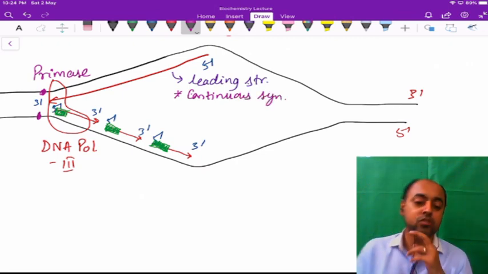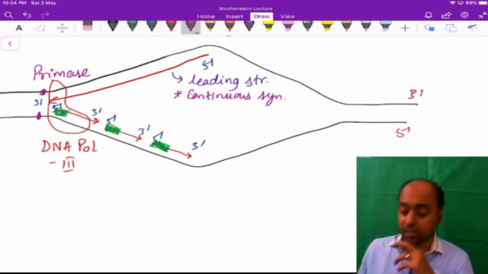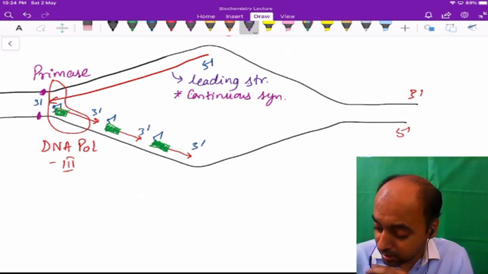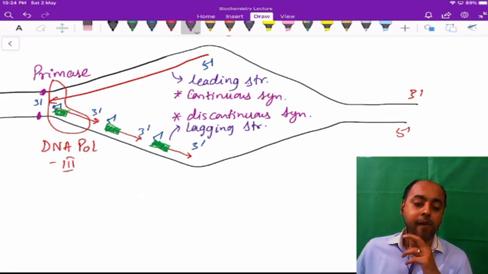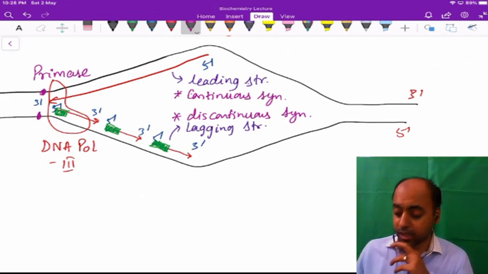A continuous strand is being synthesized. The second strand is commonly known as the lagging strand. On one hand we have the continuous synthesis, and here we have the discontinuous synthesis.